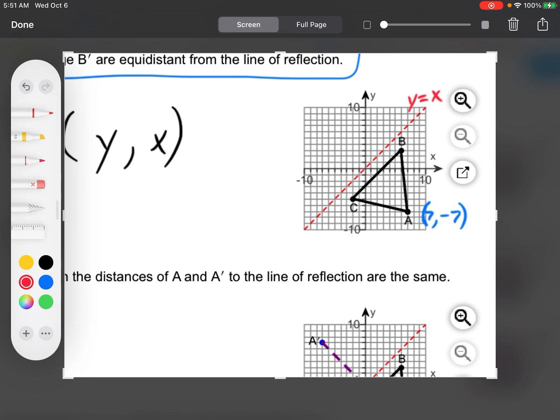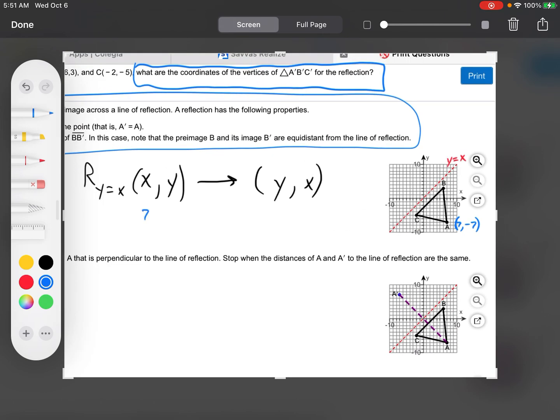Okay, so you could do it visually if you want, but there's a rule that you're supposed to have memorized. All you do is switch the coordinates. So if you take 7 comma -7 and you switch those so that the y comes to the first spot, you get -7 comma 7.